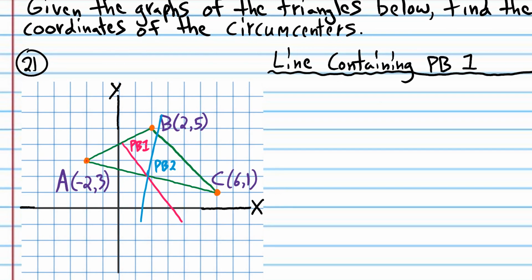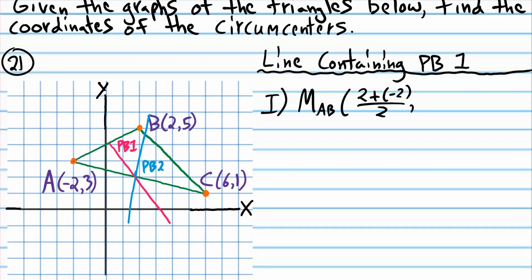So to find the perpendicular bisector number 1, I have to find the midpoint of AB. So 2 plus negative 2 over 2, and 3 plus 5 over 2.